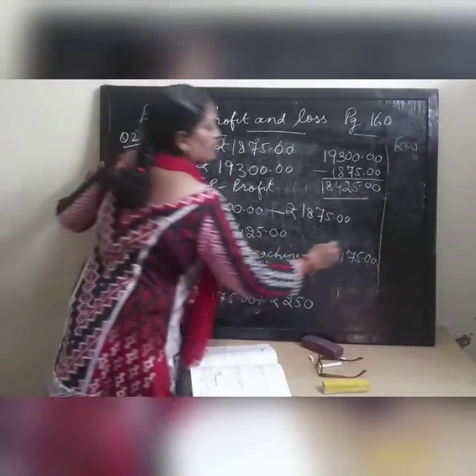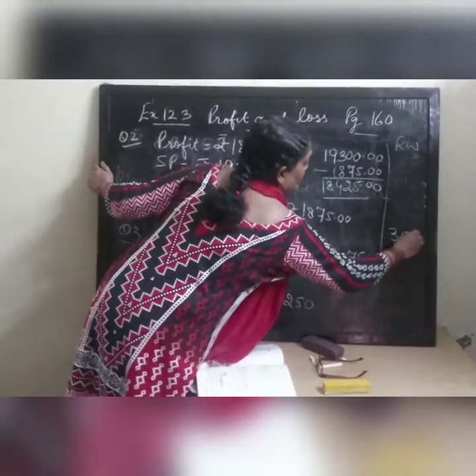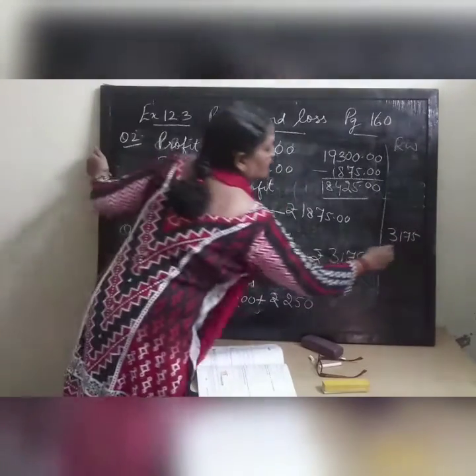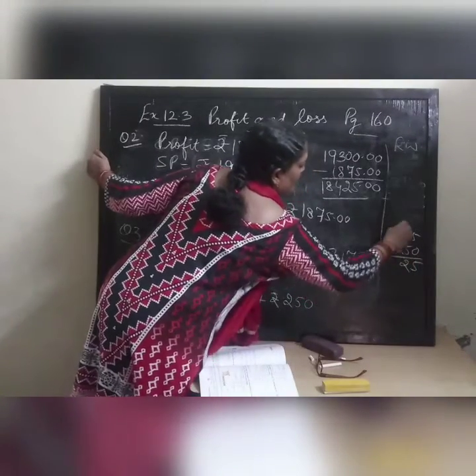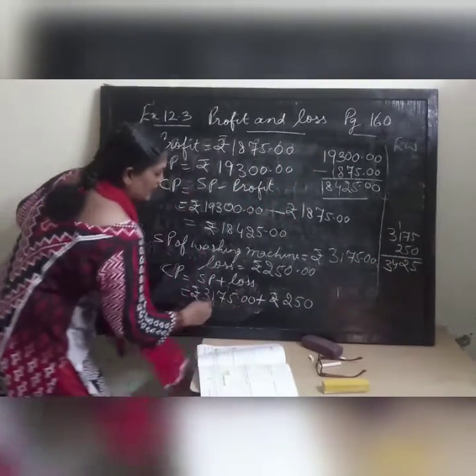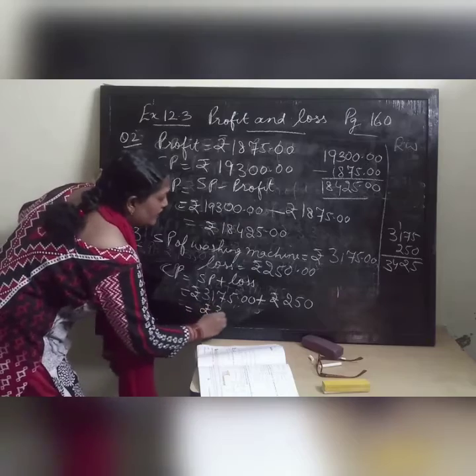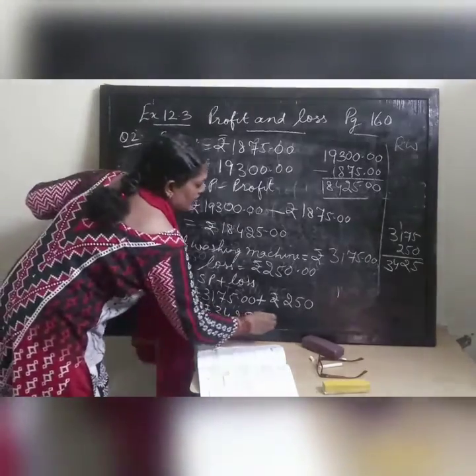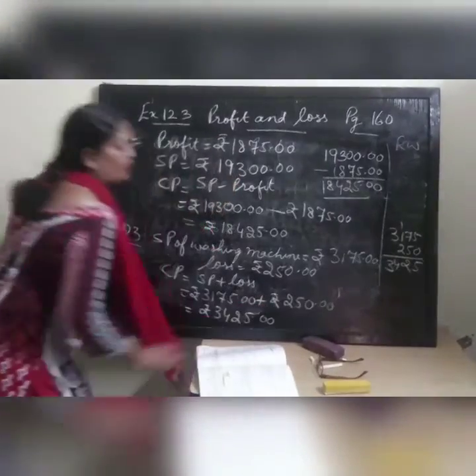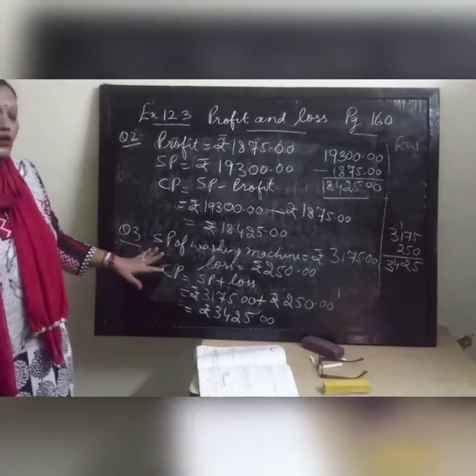Now add it here. From the back you have to write 5, 12, carry 1, 3, 4, 3,425 rupees. No paise, then you can write 0.00. Is it clear all of you?